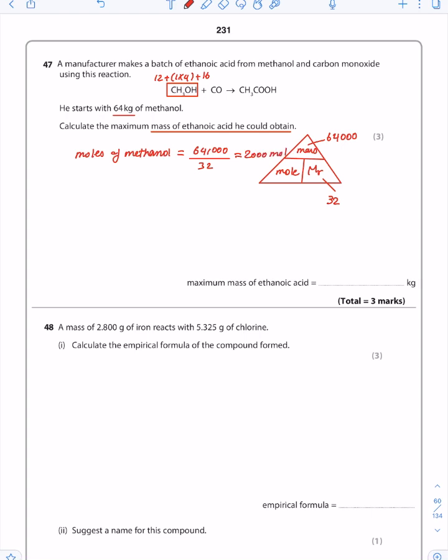The ratio between methanol and ethanoic acid is 1 to 1, which means the moles of ethanoic acid is equal to 2000 moles as well.